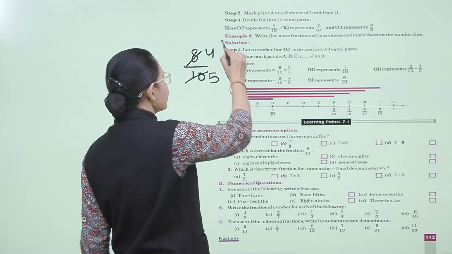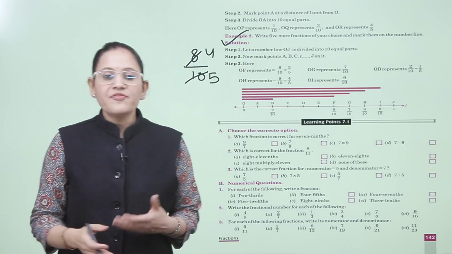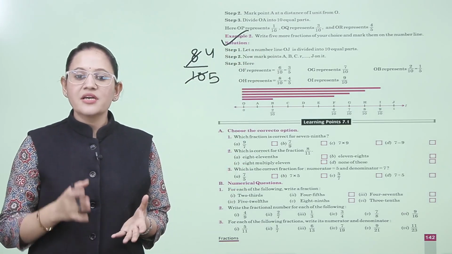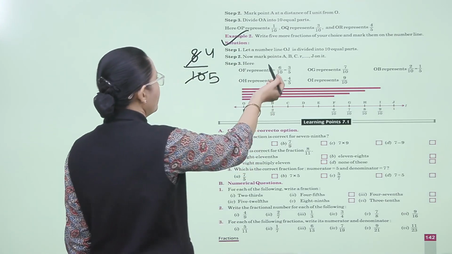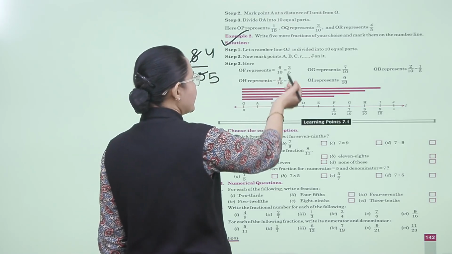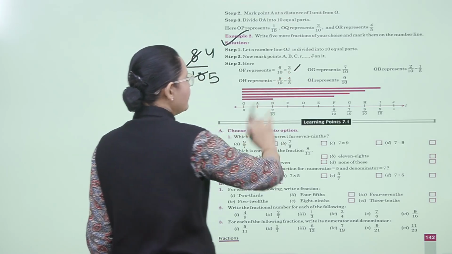Clear? Now next example. Write 5 more fractions of your choice to mark them on the number lines. So you have to mark these fractions. 6/10, in the simplest form 3/5.